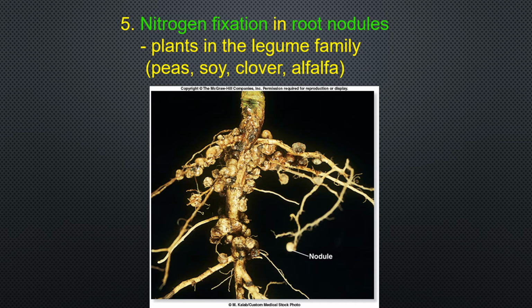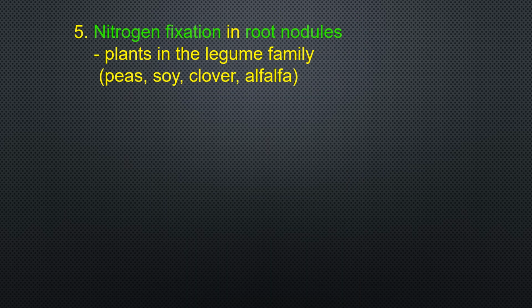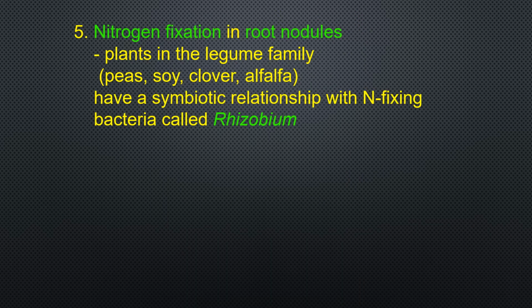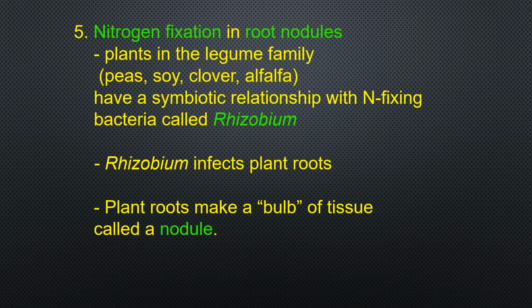And the bacteria that engage in this symbiotic relationship do what's called nitrogen fixation for these roots, and the roots create these root nodules for the bacteria to live in. So the bacteria that is found in these particular roots are called rhizobium bacteria.